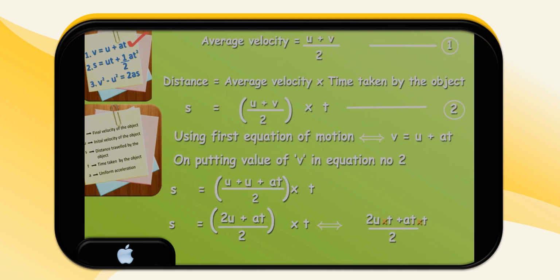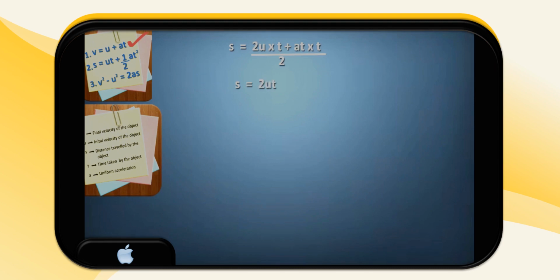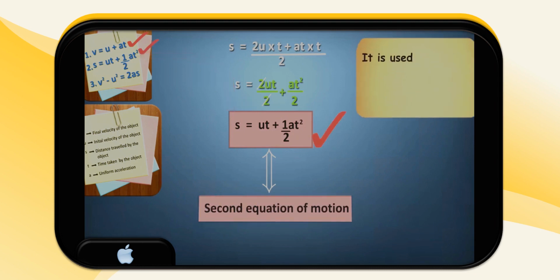After that, opening the bracket, we get (2u × t + at × t)/2, that is (2ut + at square)/2. The denominator will be divided into two terms. Then the equation is 2ut/2 + at square/2, and you get ut + half at square, which is the second equation of motion. It is used to calculate the distance traveled by the object in time t.